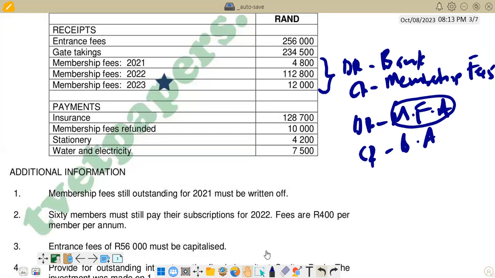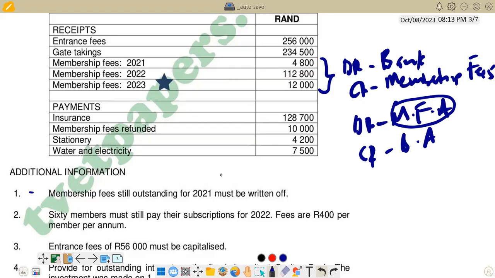The information in the table, we have finished everything there. So we go to additional information and try to find any information that is affecting the membership fees account. The first part is saying membership fees still outstanding on 2021 must be written off.